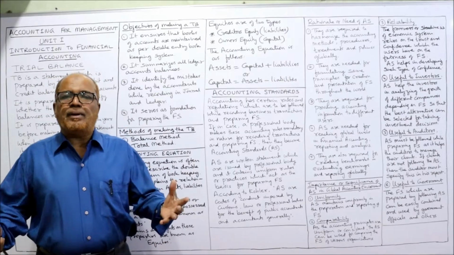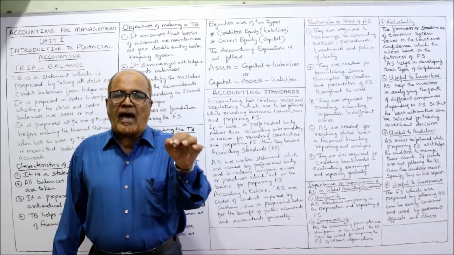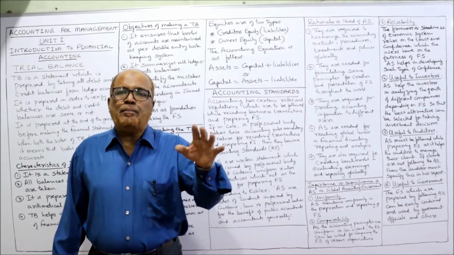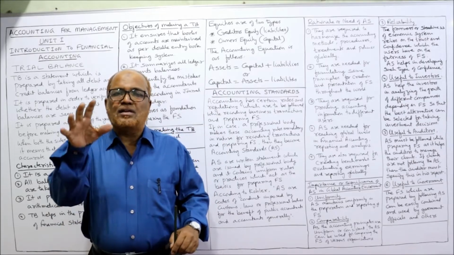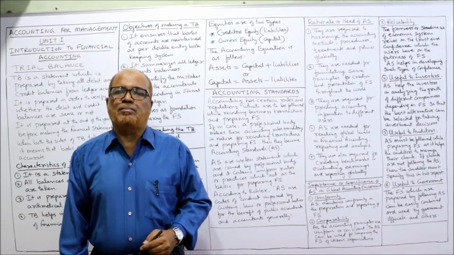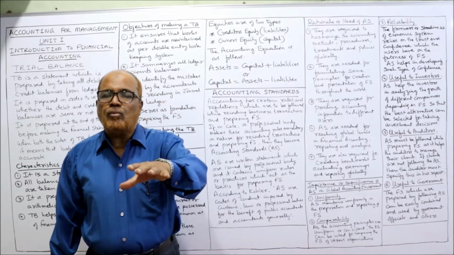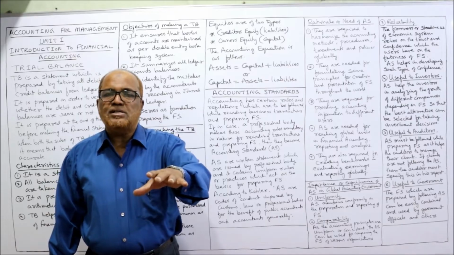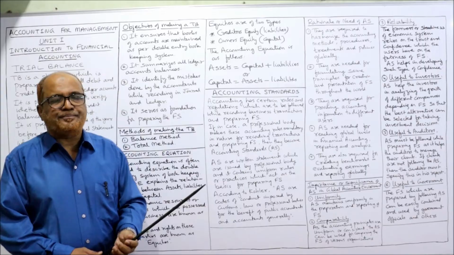A simple example: the accounts prepared by an Indian company should be acceptable to any person throughout the world. So any person must have confidence and trust in these financial statements. So accounting standards are imposed to harmonize the accounting policies, and these accounting statements should be globally accepted.